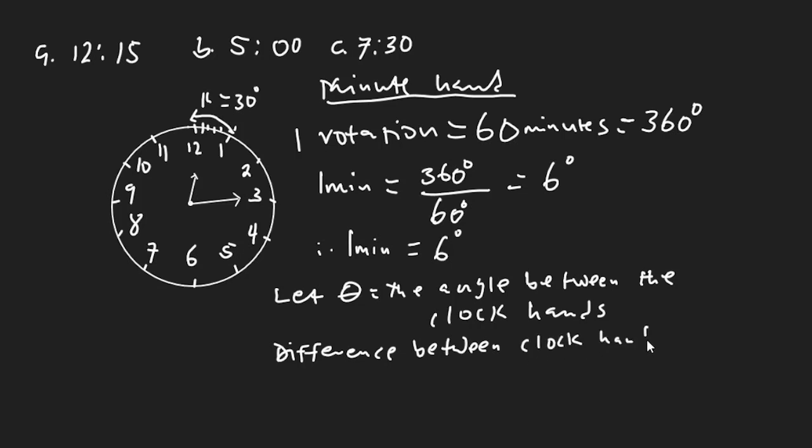It is equal to the hour hand, we have 30 degrees per hour plus half a degree per minute, minus, in 1 minute we have 6 degrees per minute.